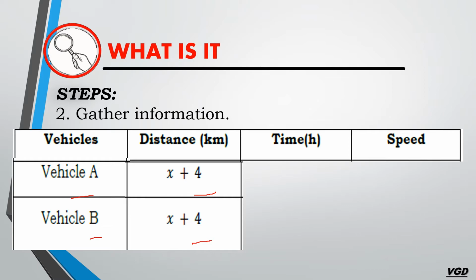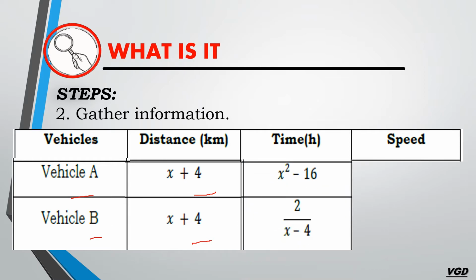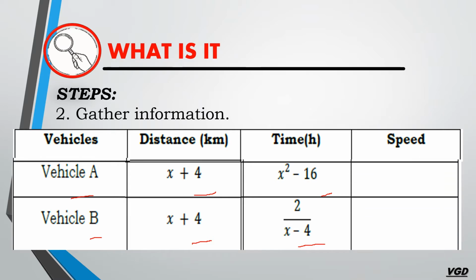So they have the same distance. But for the time, they already differ. So for vehicle A, the time is x squared minus 16 hours. And for vehicle B, the time is 2 over x minus 4 hours. And the speed was unknown. So we need to find out the speed of vehicle A and vehicle B.